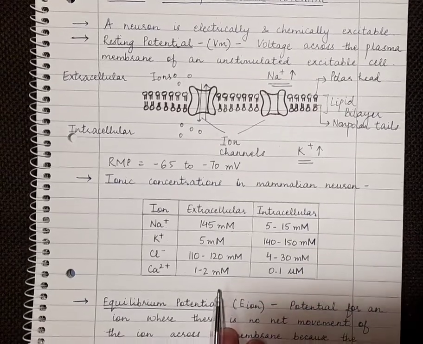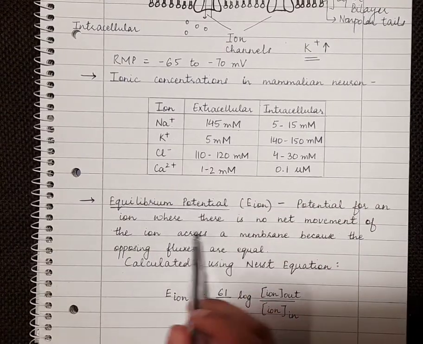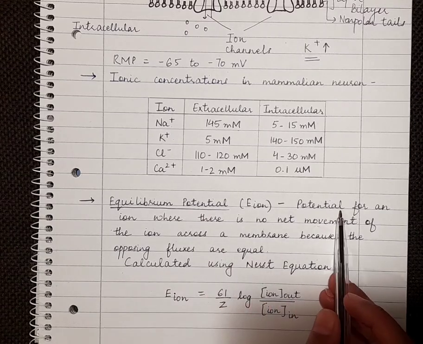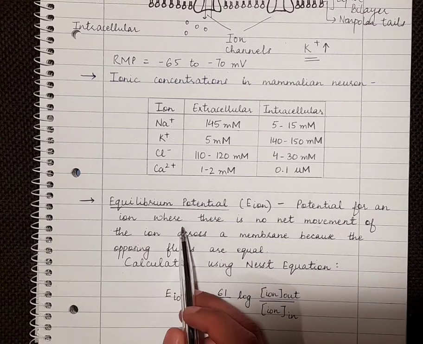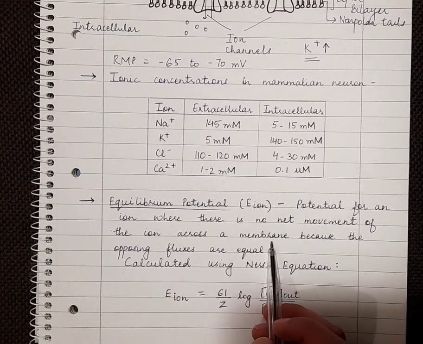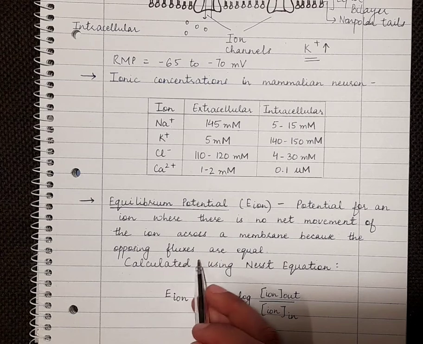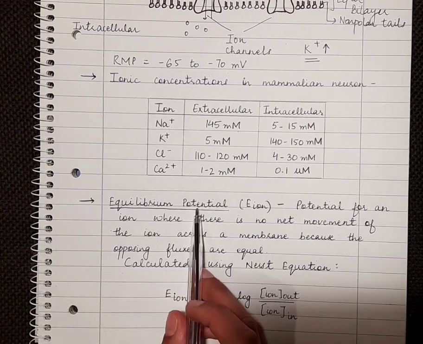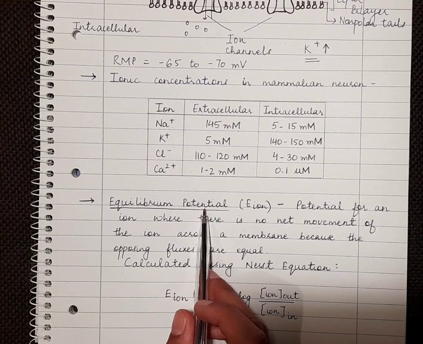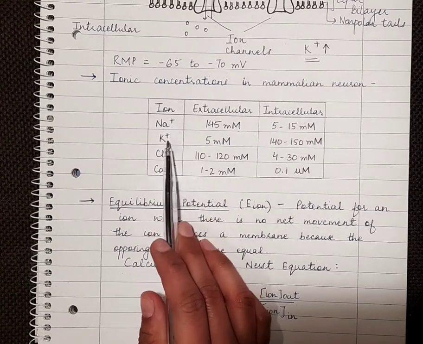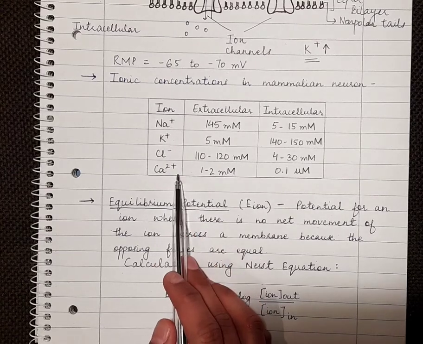Also, there is one more concept, which is equilibrium potential. This means the potential for an ion when there is no net movement of the ion across the membrane because the opposing fluxes are equal. Equilibrium potential is specific for an ion, for example sodium, potassium, chloride and calcium.